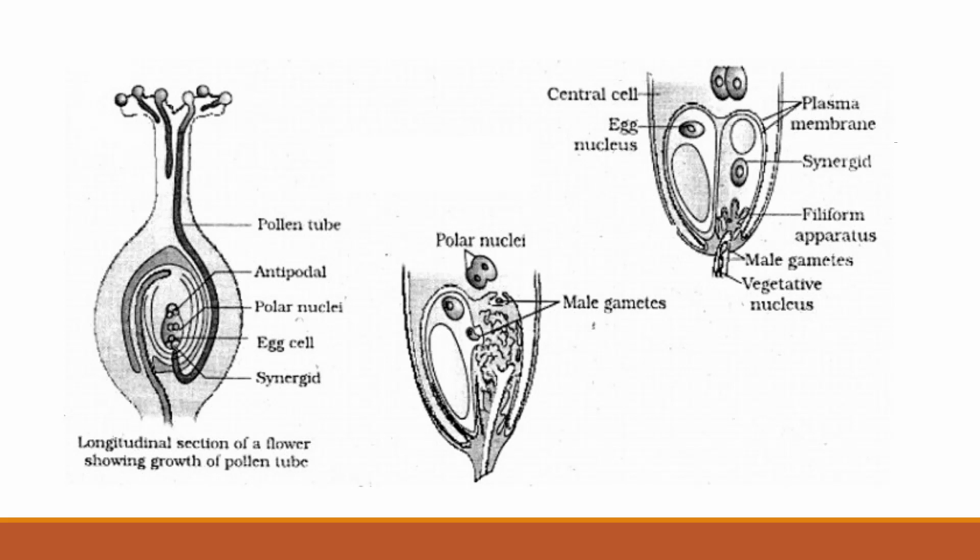Those are forming, it is showing in this diagram. And the male gametes, and further it develops male gametes through vegetative nucleus, filiform apparatus. The further division, central cell, egg nucleus, plasma membrane.